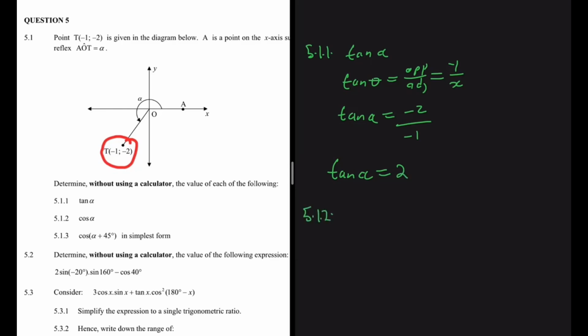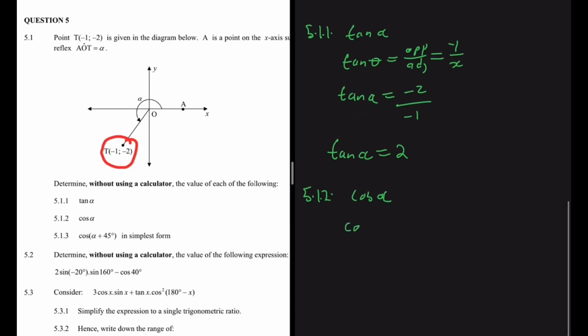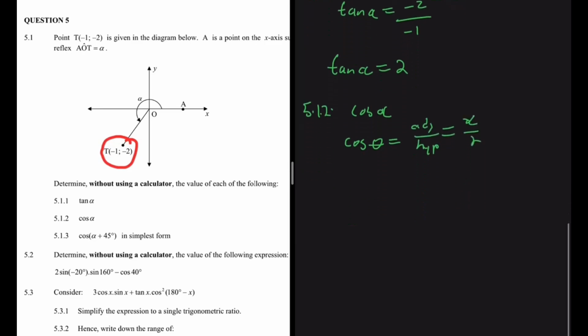5.1.2 says, let's find cos of theta. Maybe now you'd want to pause the video and try it out by yourself. Assuming that you did that, we know that cos of theta by definition is equal to the adjacent divided by the hypotenuse. So we have x divided by r, right? We've already established that we're using our point of interest T, right? So x will be equal to minus 1, and then now let's find r.